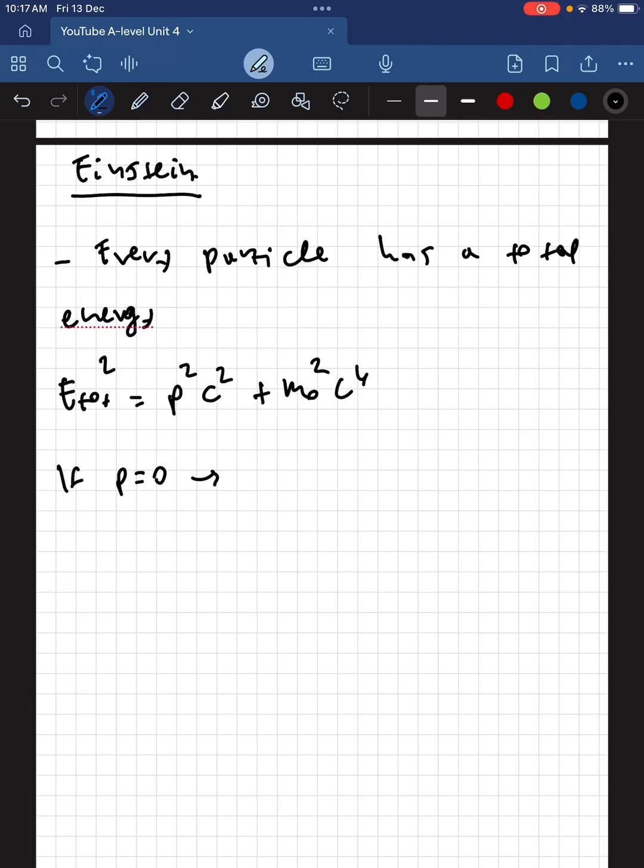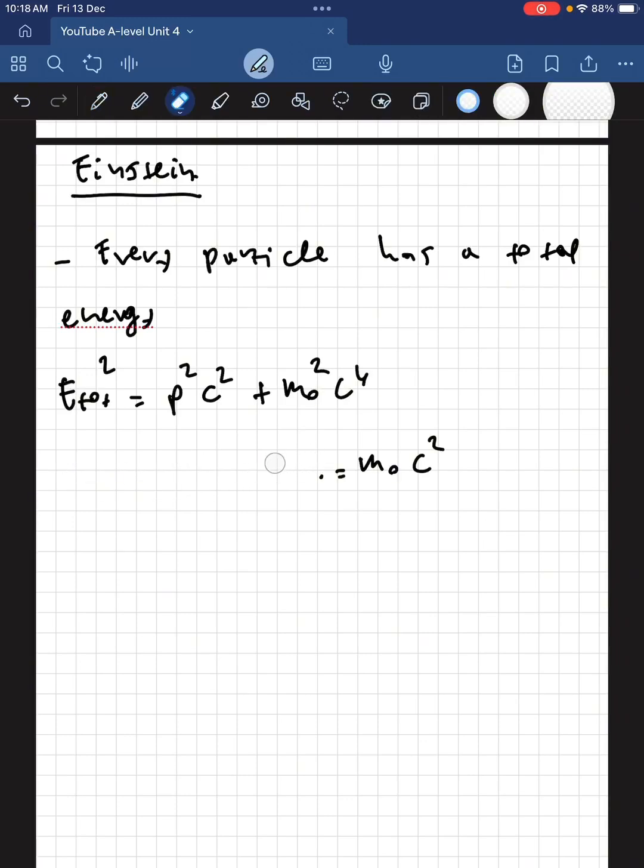Notice that if p is 0, then we get E total equal to m c squared, the rest mass of the particle times c squared, which is the most popular equation in physics, I guess. But anyway, this is not what we need, so I'm going to erase this.